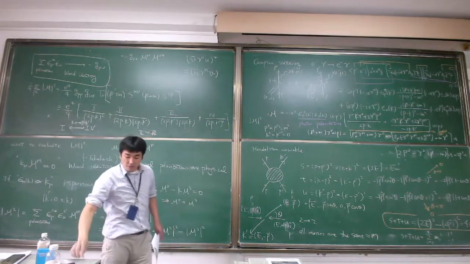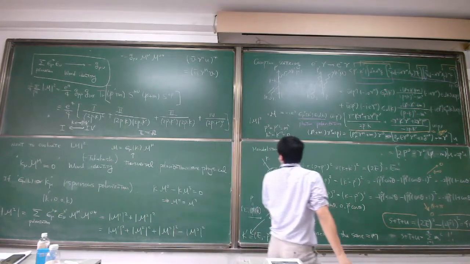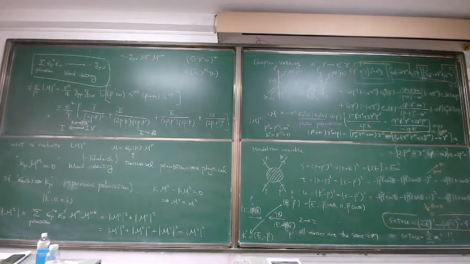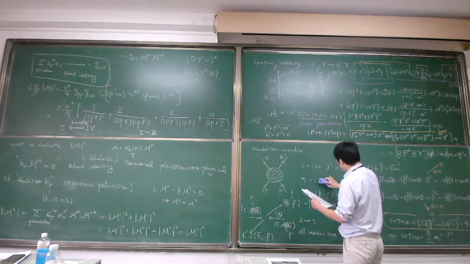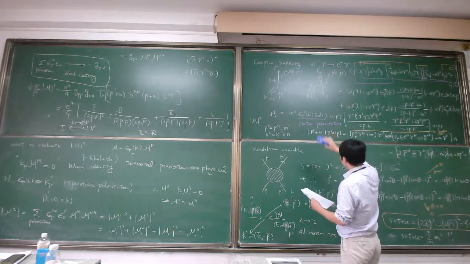And then you have to evaluate 1 and 2 in that case. I will use Mandelstam variables since now I don't need to write down explicitly in this diagram.